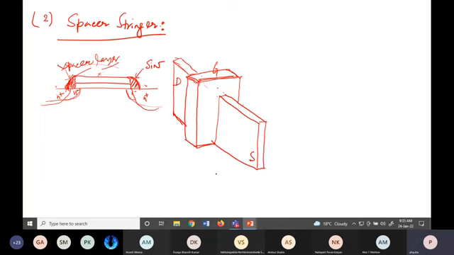So if I draw this spacer layer, which I find very difficult to draw, this is my spacer layer, that is around the gate. What about here? Here also there will be a spacer layer.